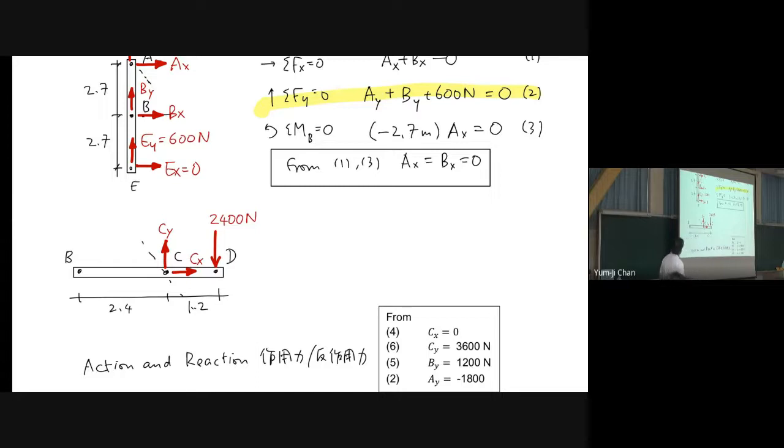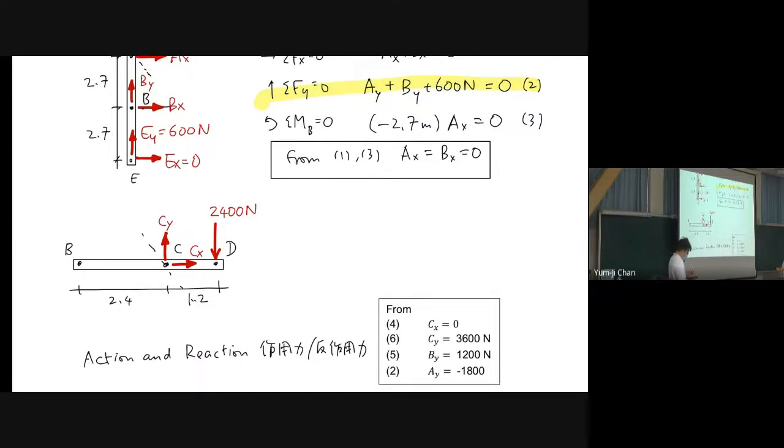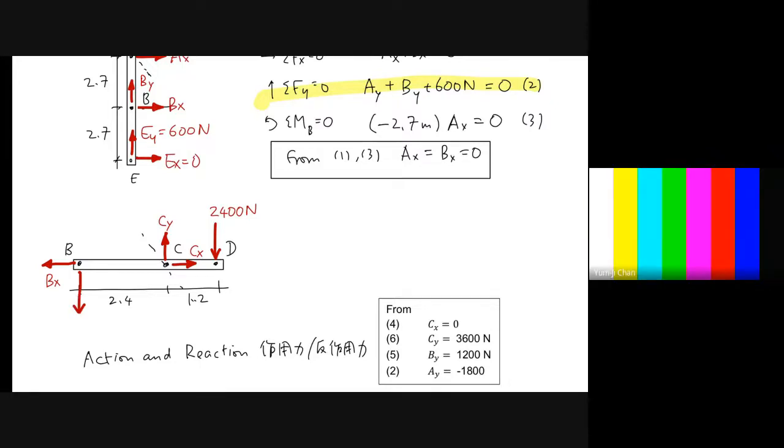If we have Bx to the right on member ABE, that means we will have a reaction to the left on member BCD. Using the same principle, if we have By going upwards on member ABE, it means we have a reaction going down on member BCD.